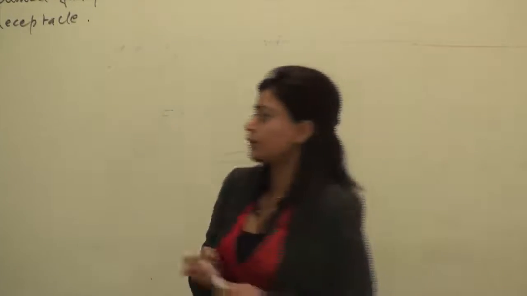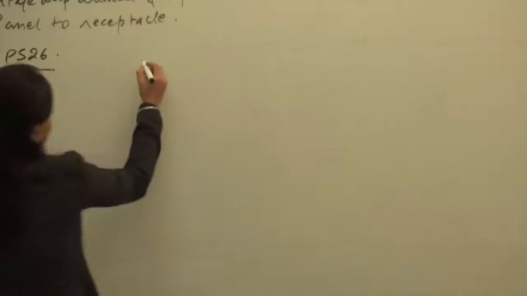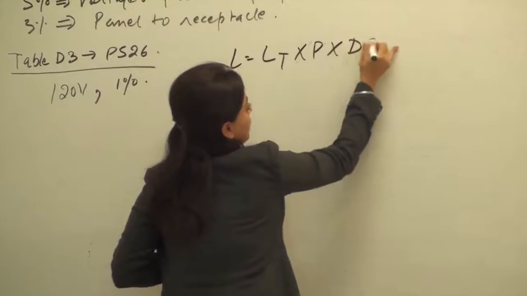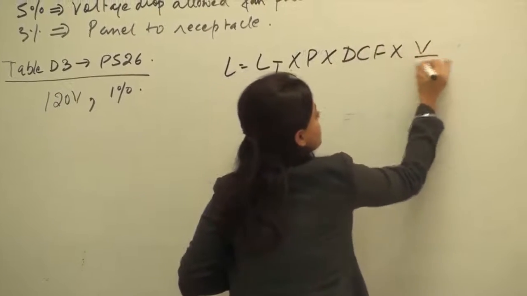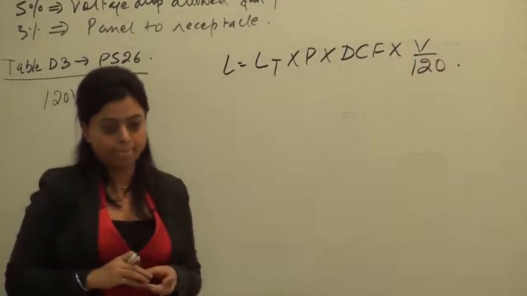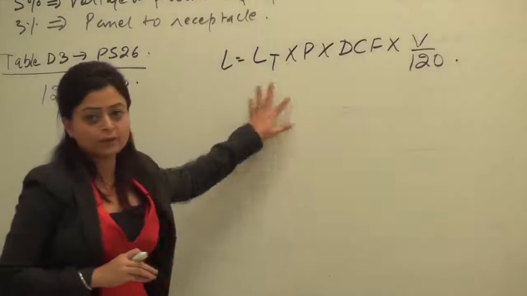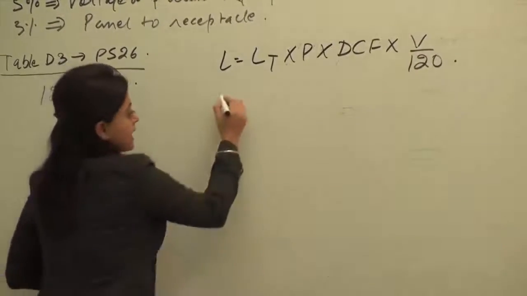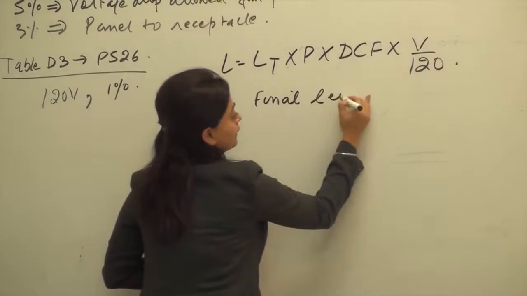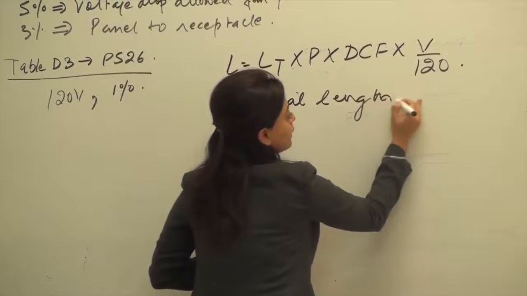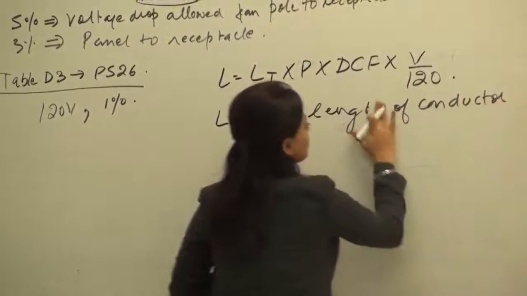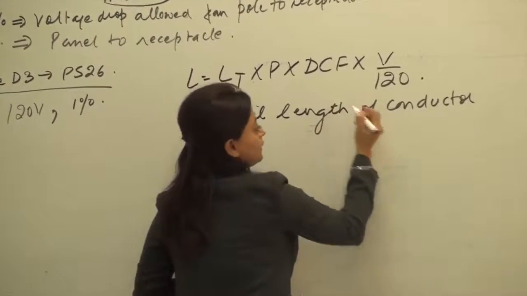Okay, so write down L is equal to LT times P times DCF times voltage over 120. Just copy this formula down. Okay, what does L represent? Final length of your conductor. And length is given in meters.